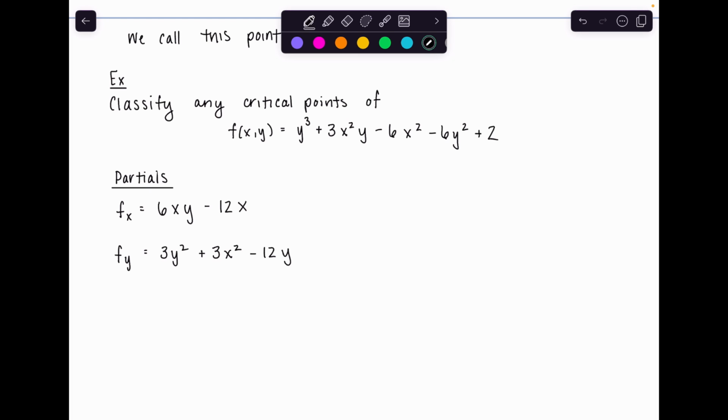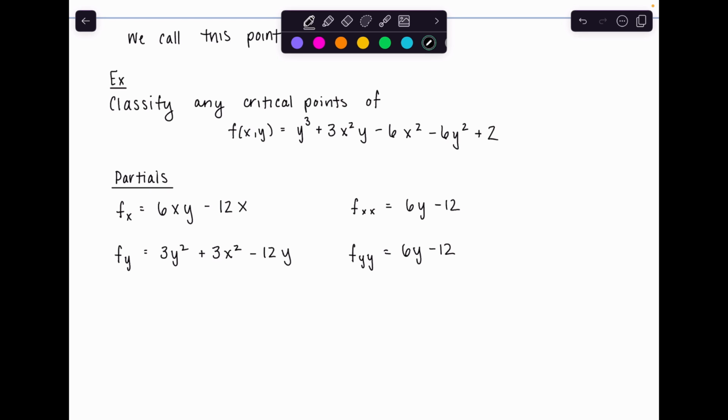Now we can take the second. So we'll start with the partial with respect to x twice. So just differentiating this with respect to x will give us 6y minus 12. If I take the derivative of this with respect to y, it's just these two pieces. It happens to be the same thing, 6y minus 12. Doesn't always happen. It could be something completely different.